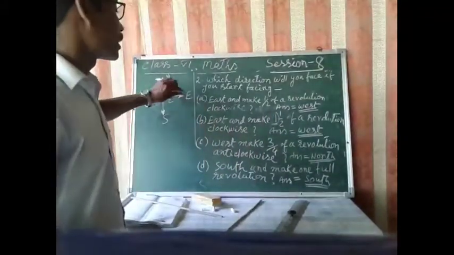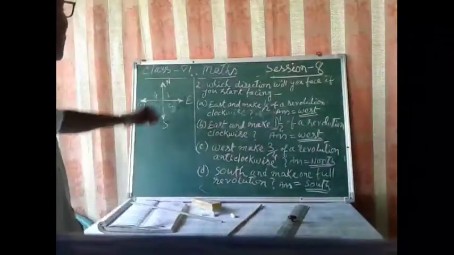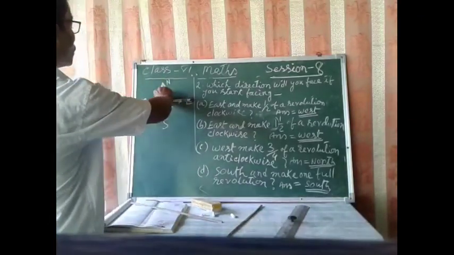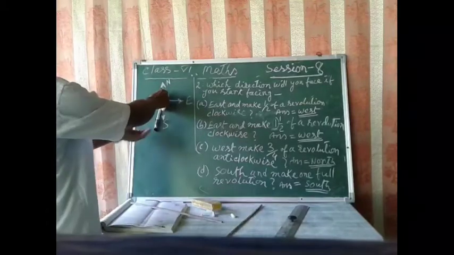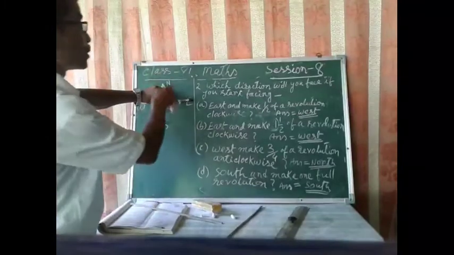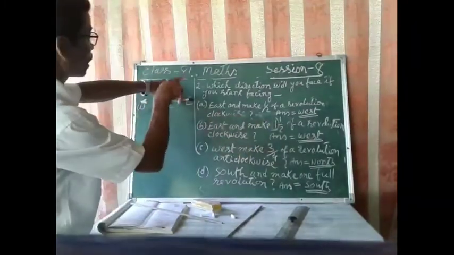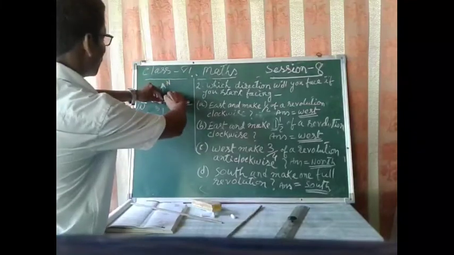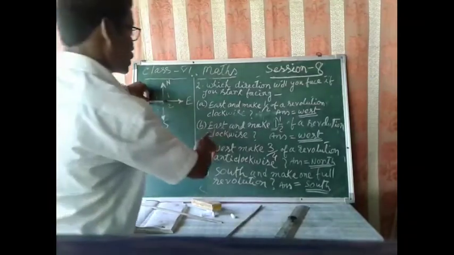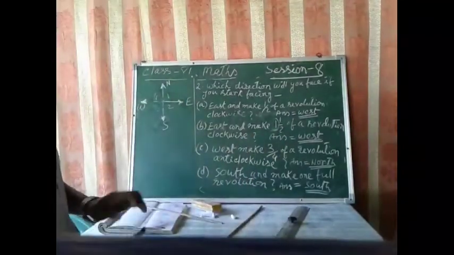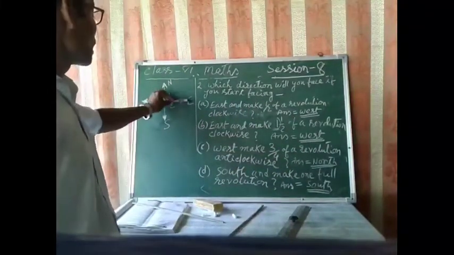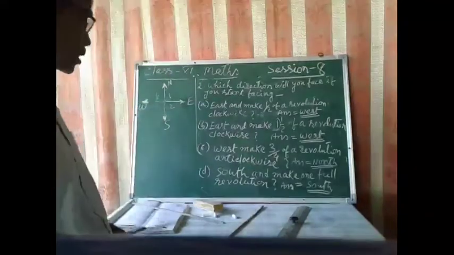After completing one turn, you face east again, and from east you have to move again half of a revolution, which means two quadrants. Then you face west. Therefore the second answer is also west, after revolving 1.5 revolutions clockwise from east.